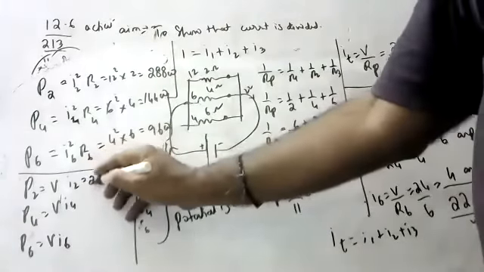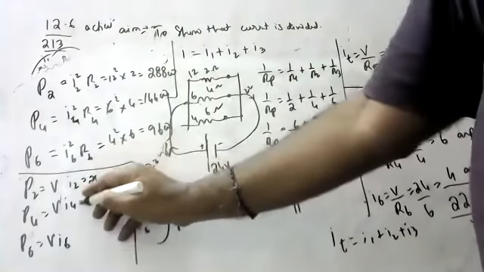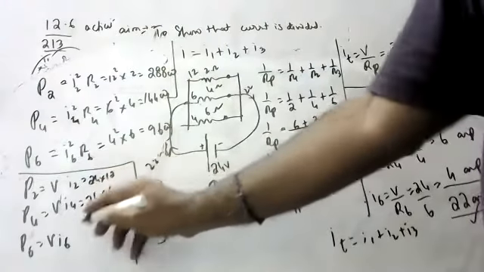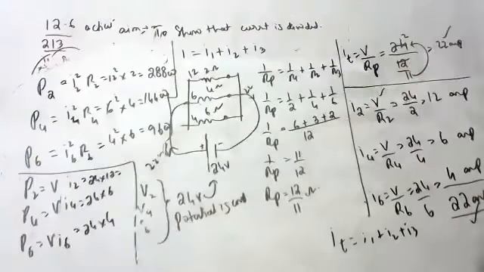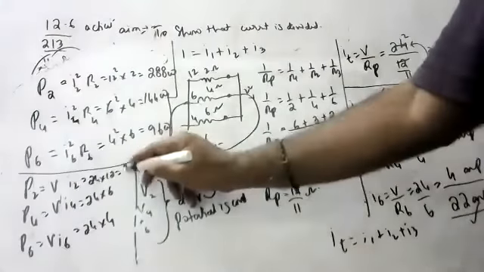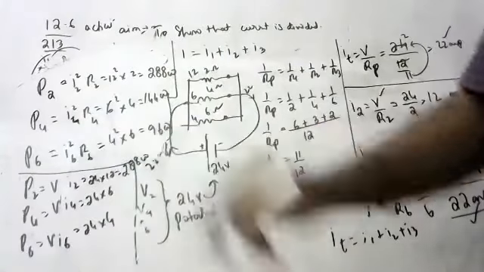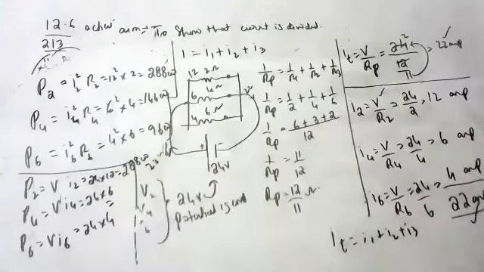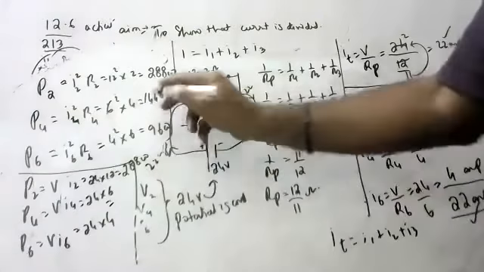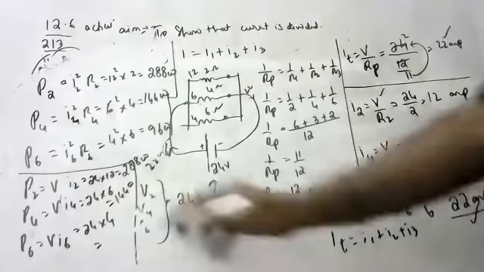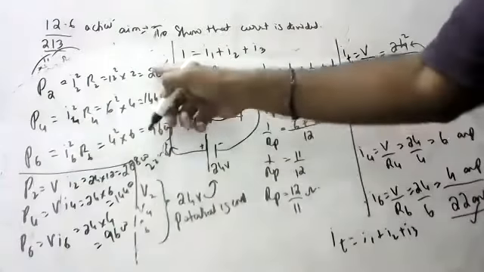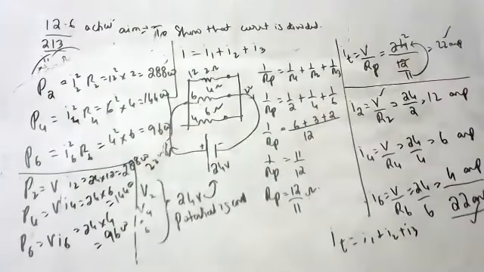So 24 into 12 is 288 watts. 24 into 6 is 144 watts. 24 into 4 is 96 watts. See, children, same answers we are getting.